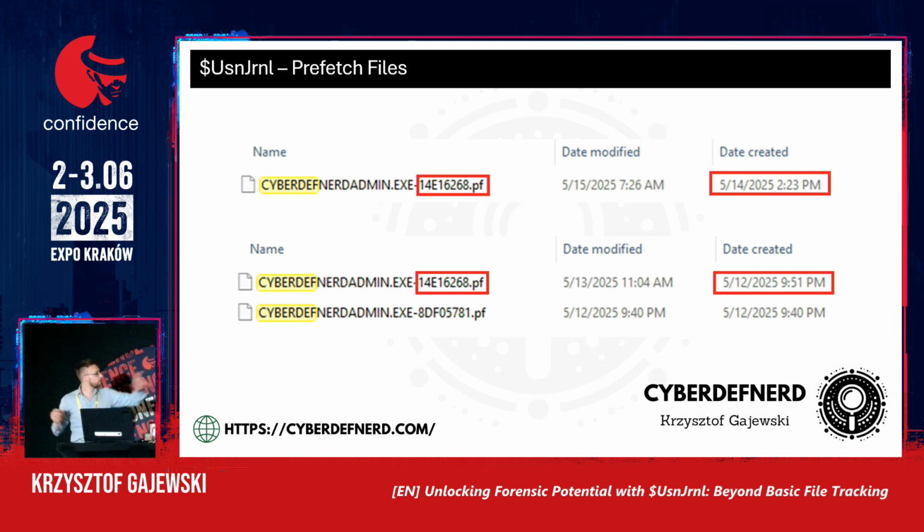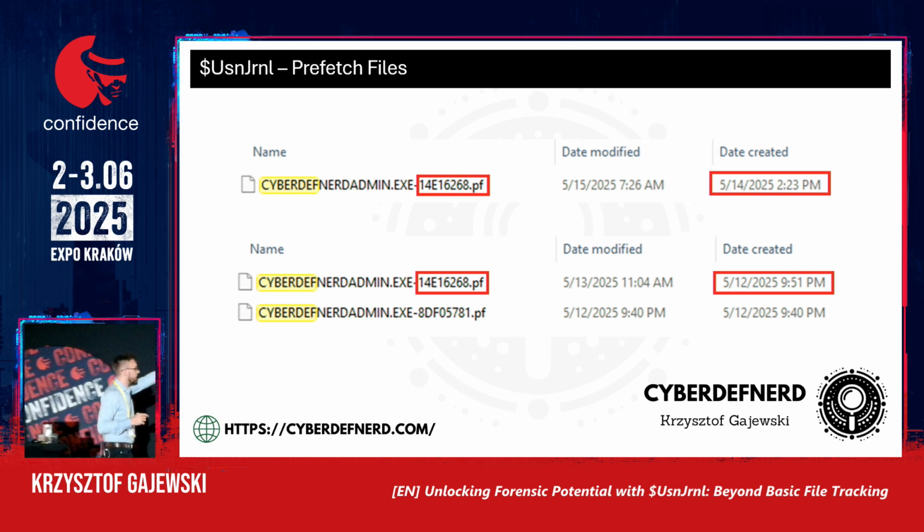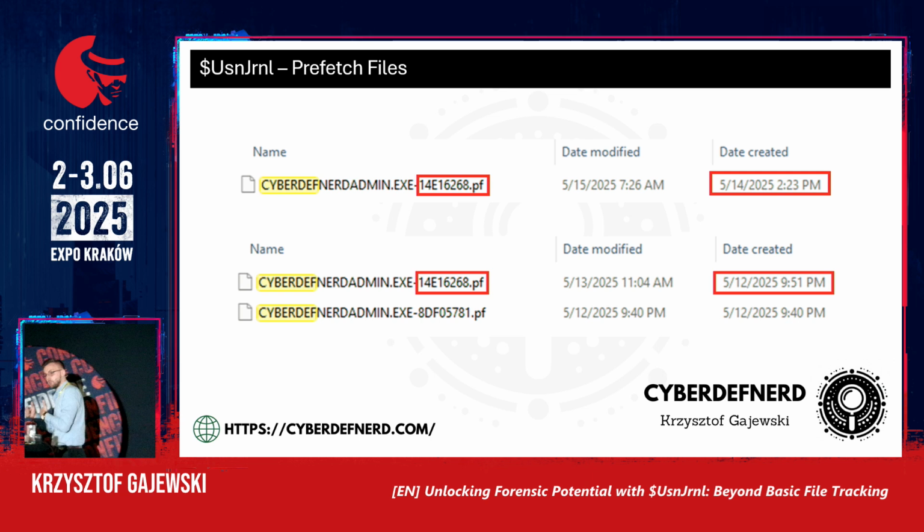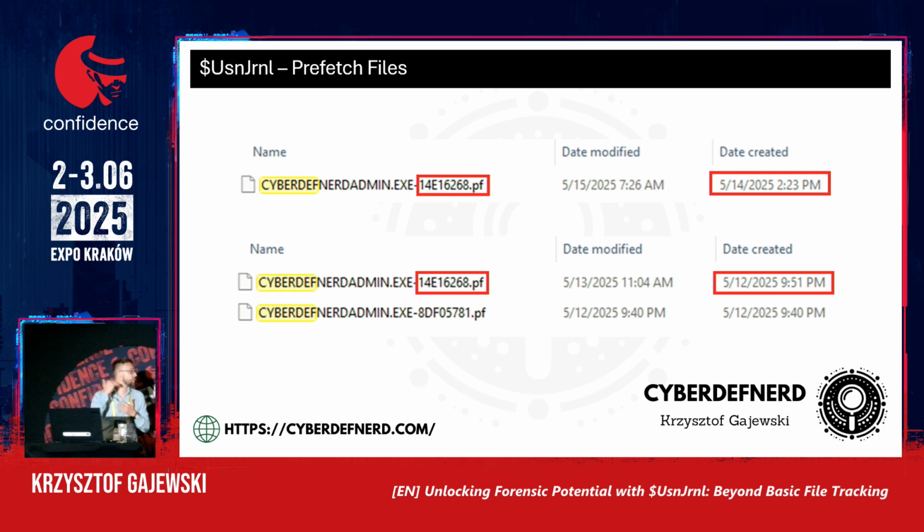And as you can see, in the square in red, there is a hash calculated using the name of the file and the path. So if you have 2 prefetch files with a different hash at the end for the same executable, it means that it was started from 2 different places. We can't confirm 100% that this is the same executable, but it may be a good assumption.